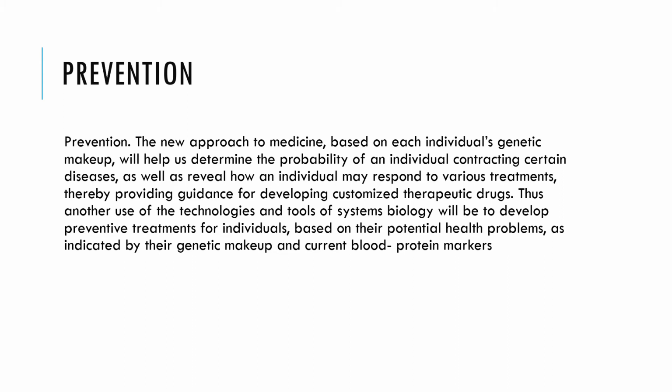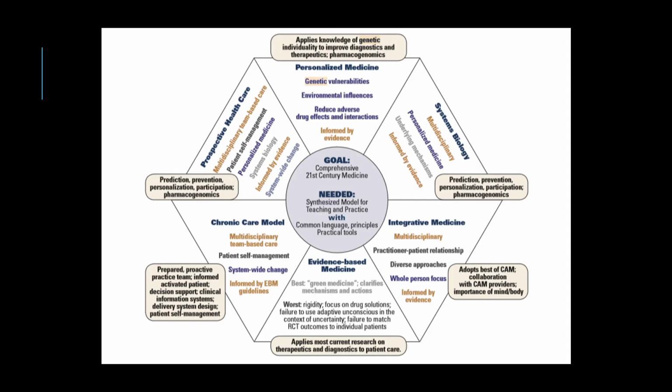And I mean, where we're moving is really just absolutely fascinating. This comes from the Institute of Functional Medicine, and I just got it from their website. If you look at the top, it's right at the top, it applies knowledge of genetic individuality to improve diagnostics and therapeutics, right? So personalized medicine is going to look at a combination of genetic vulnerabilities, environmental influences, try to reduce adverse drug effects or interactions, and it will be informed by evidence, right?